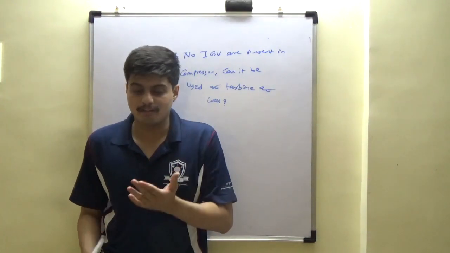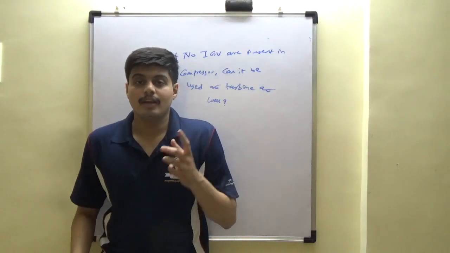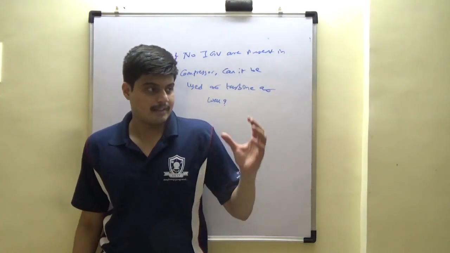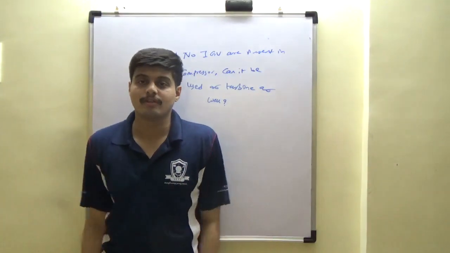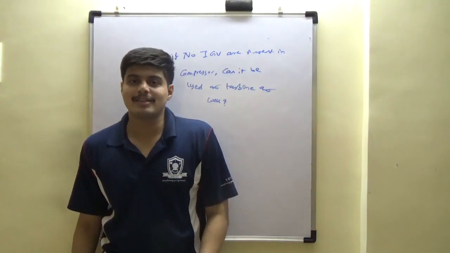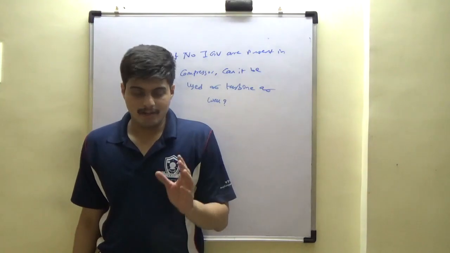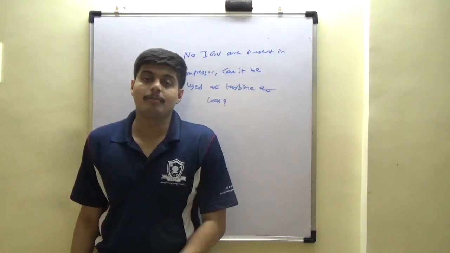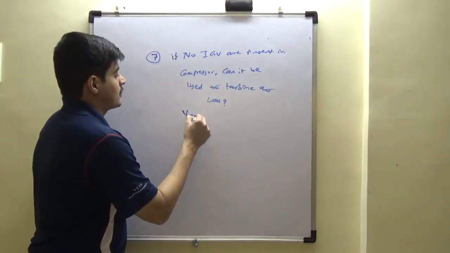Alpha 1 not equal to 0 is the criterion we are using. If there are no IGVs, you would see a rotor, stator combination. If I flip and go on the other side, what do I see? Stator, rotor, stator, rotor, stator, rotor. If the design is with constant hub radius, the answer is yes.